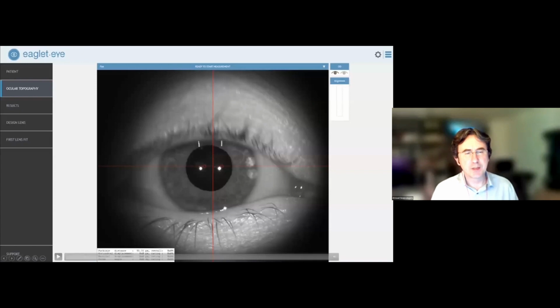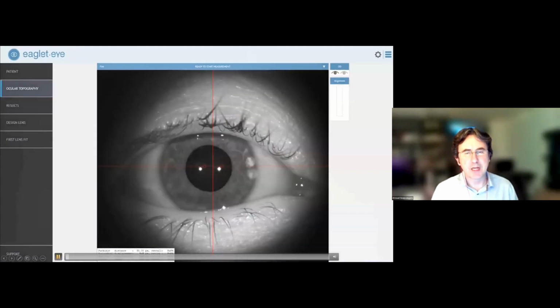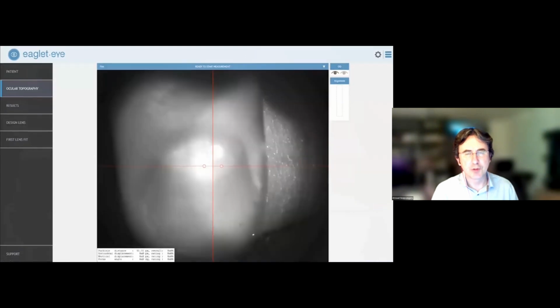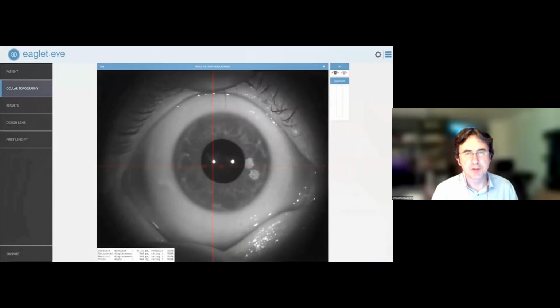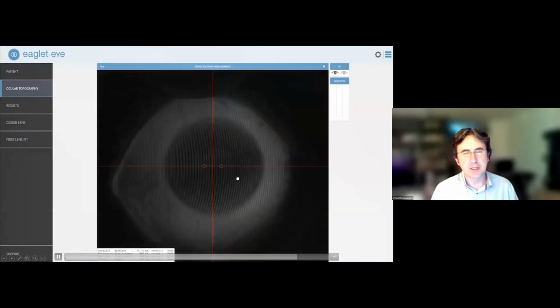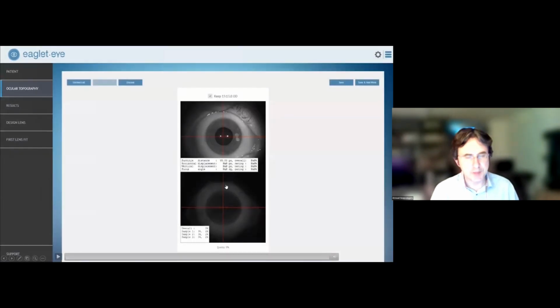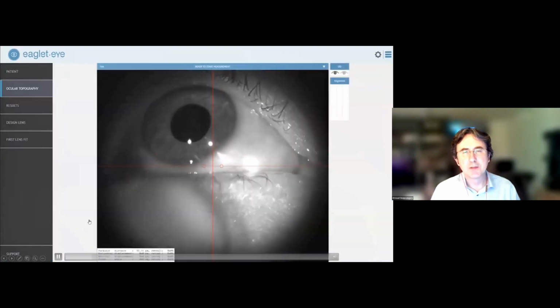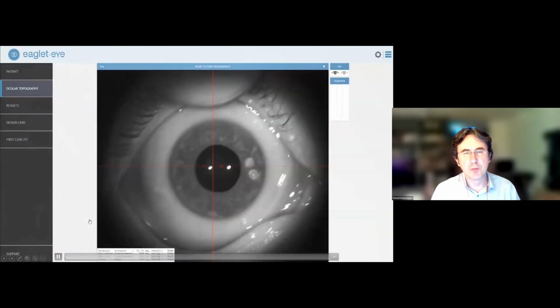So this is what an operator would see. And so this is the live image of a measurement taken. Of course, you need to hold open the eyelids because it's a single shot device. And then you need to center it and focus, and you just hit the fire button and you see how quick it is. I will play that one more time. So eyelids are held open.